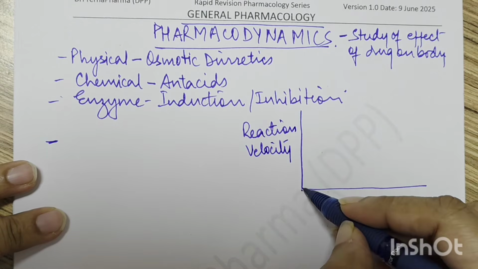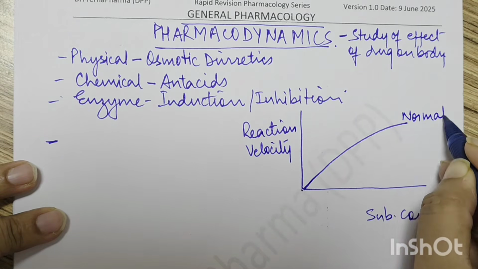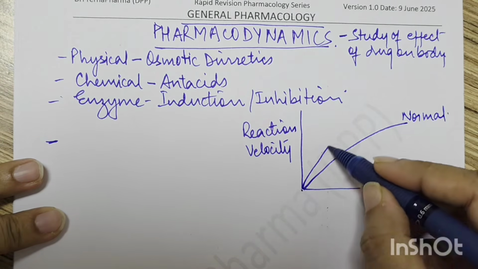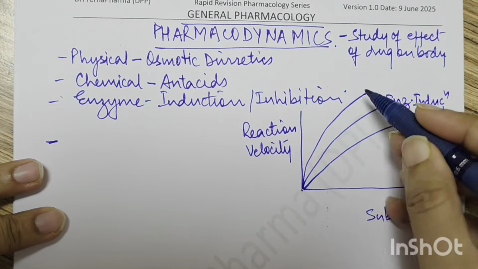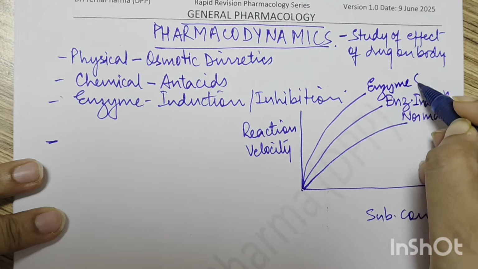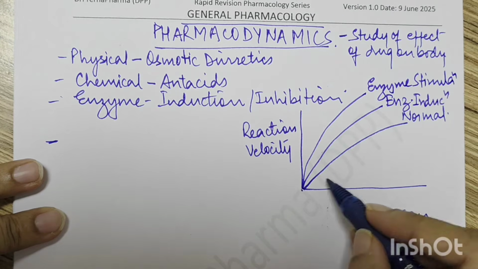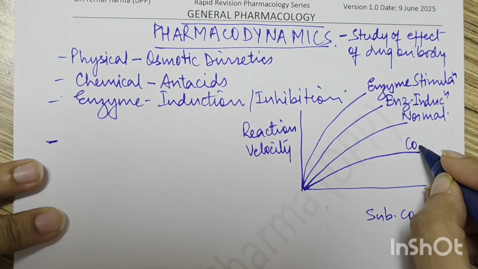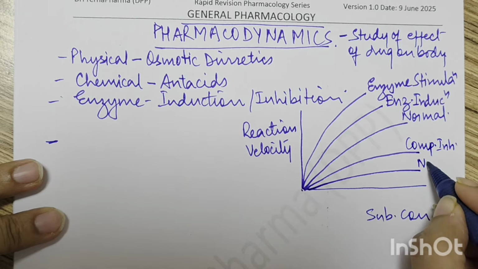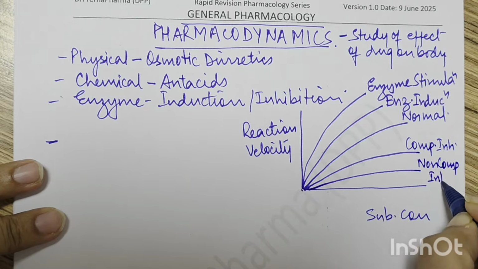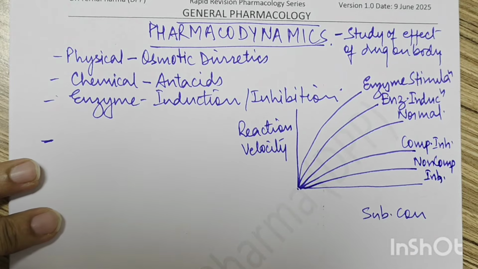Now this is the graph shown by a normal drug. Okay, this is the graph by enzyme induction, and this is when there is enzyme stimulation. Okay, and this is the graph when there is competitive inhibition, and this is the graph when there is non-competitive inhibition. Okay, so this is the graph system that you must have seen.